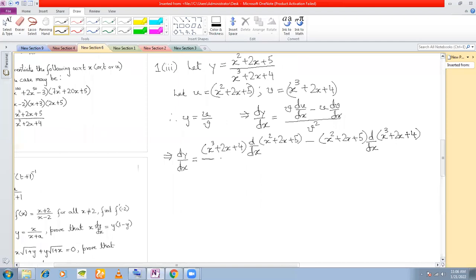And this entire thing must be divided by the square of the denominator, that is v square. So you have (x cube plus 2x plus 4) square.